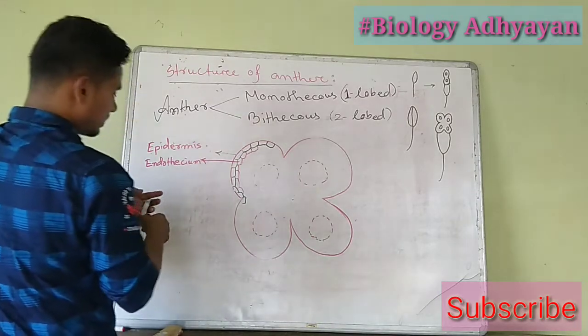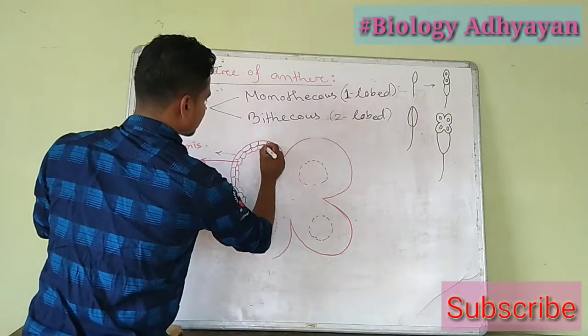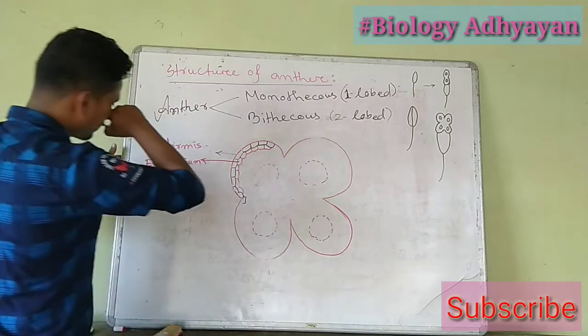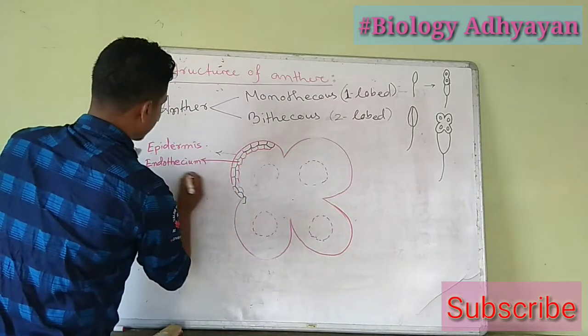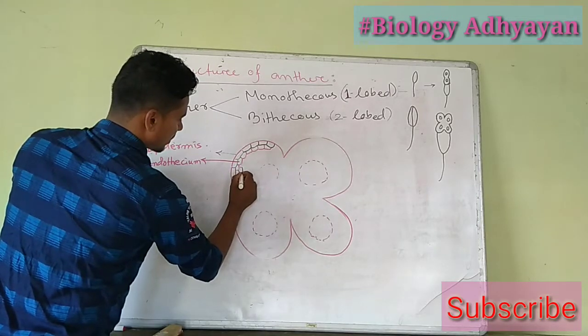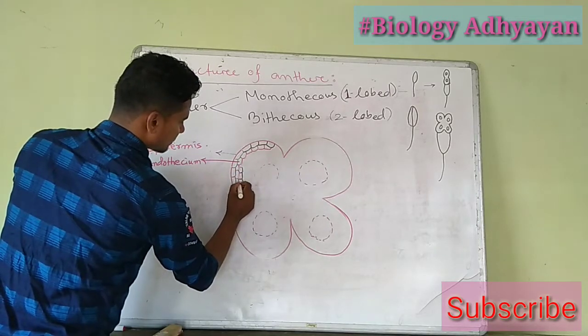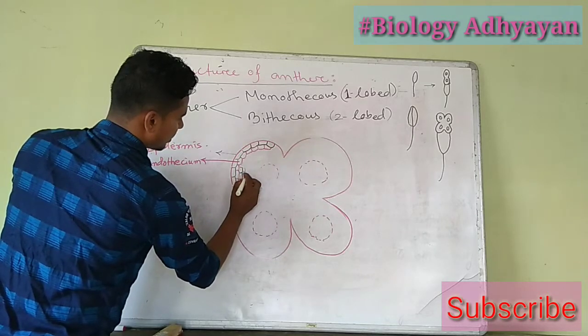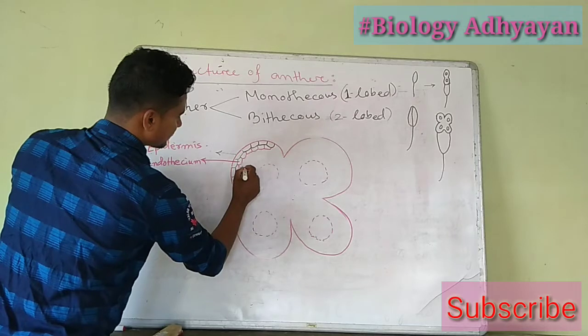And the third layer, which remains just beneath the endothecium, is of multi-layered cells. That means here the cells may be three or four layered.